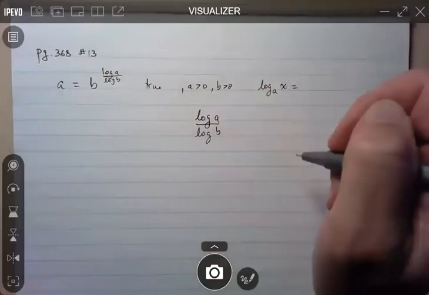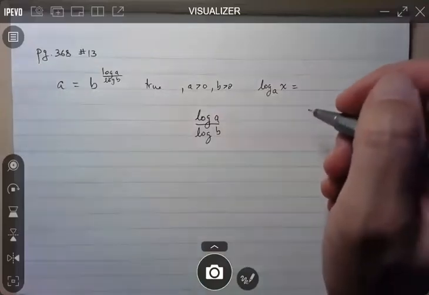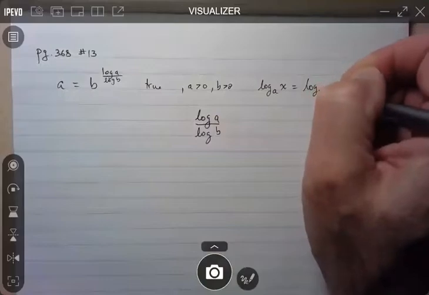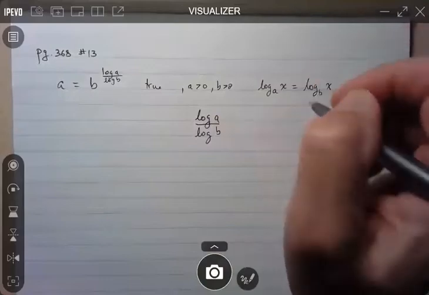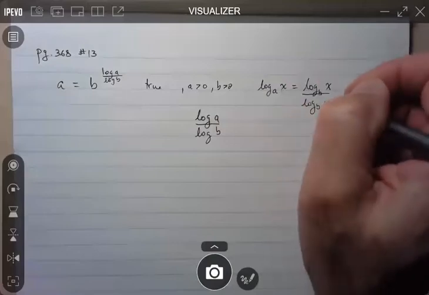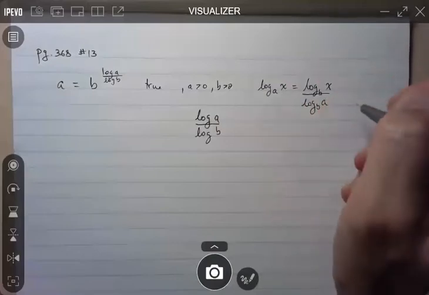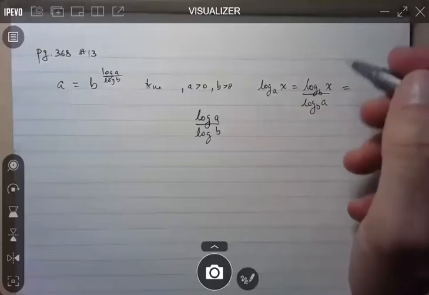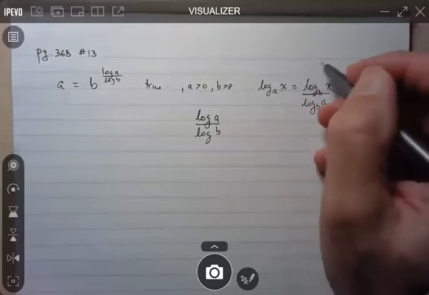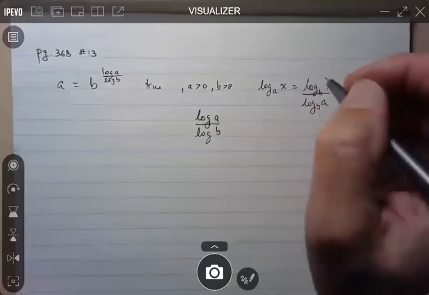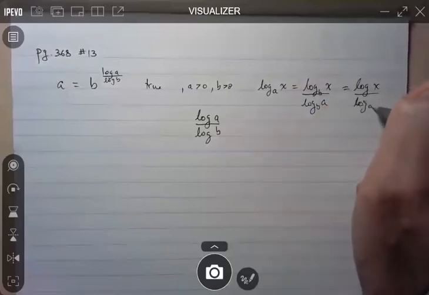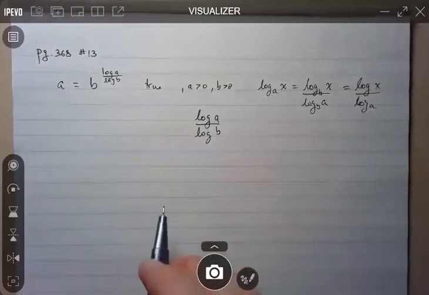And the rule that we proved, we didn't just take it for granted, says this was equal to log base B of the original input over log base B of the original base. And if you want, you can apply this rule to log base 10. So if I was just changing this into log base 10, it would be log base 10 of the original input over log base 10 of the original base. So this is our change of base formula.